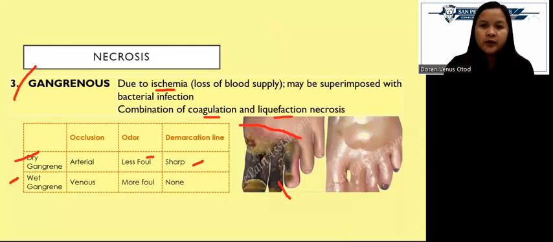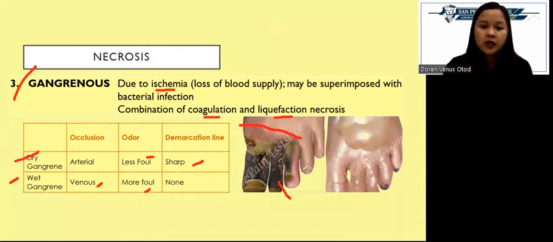Okay, on the other hand, we have here the wet gangrene. So this is venous occlusion, and the odor is more foul. The reason for this is there is increased bacterial action plus ischemic injury. So that is why it is very odorous, and the appearance is as if decaying.